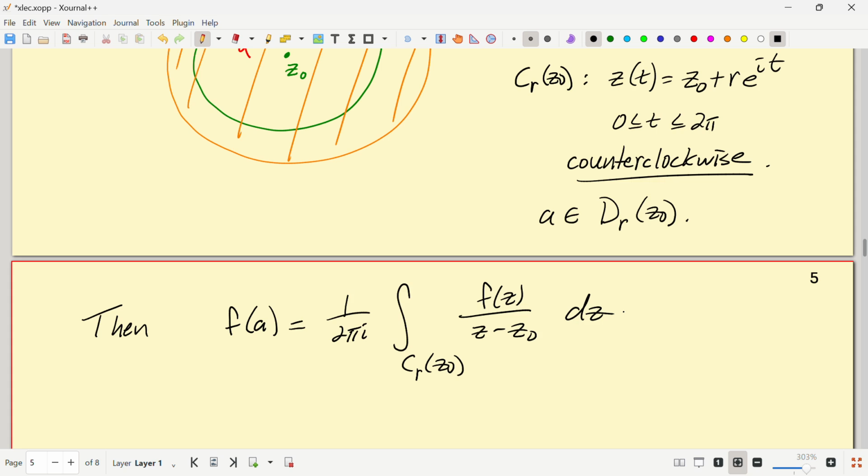That's a mind-blowing thing. That means the values inside a circle are completely determined by the values on the circle. That's a really weird thing to say. I mean, it's like, what the heck?